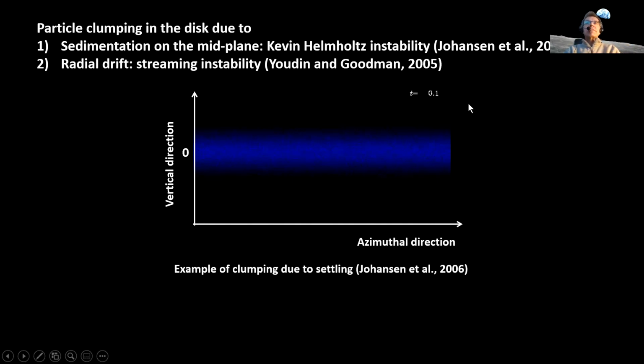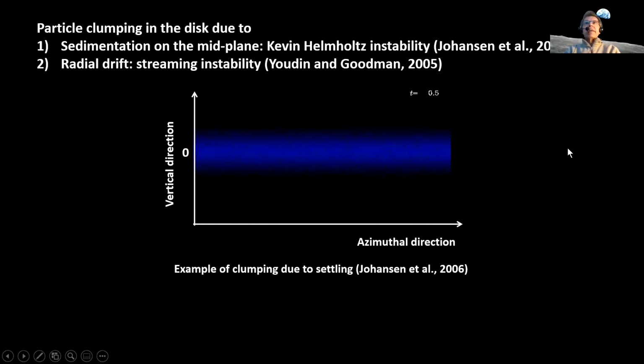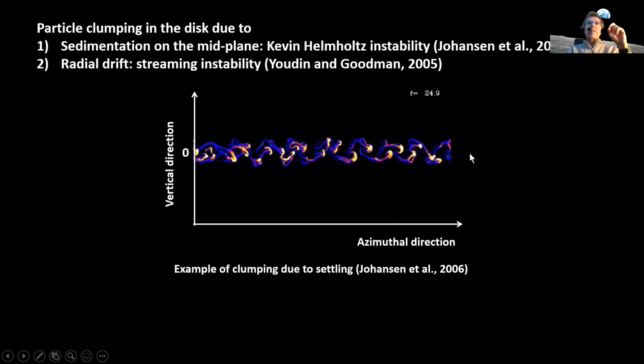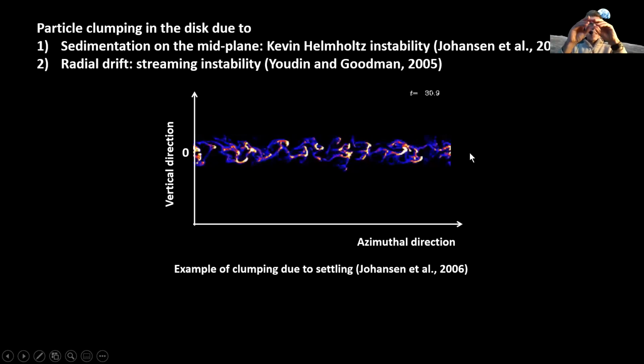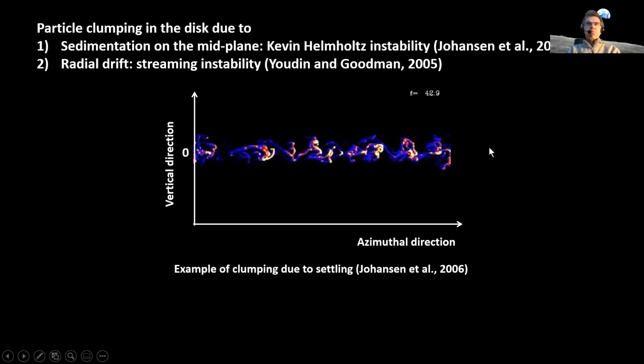So let's see what happens. At the beginning, the dust forms a band around the midplane, and then the dust starts to sediment towards the midplane. But once it sediments enough, as the colors you see change, this triggers an instability, the Kelvin-Helmholtz instability. So the dust cannot sediment indefinitely. This instability generates turbulence.